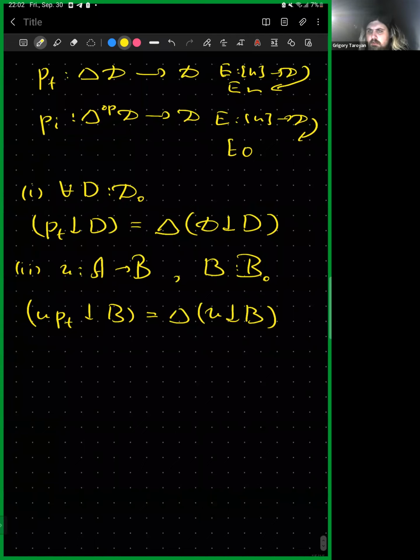Now these observations, together with the results we've already proven, and with just the definition of the category of simplices, imply the following proposition.